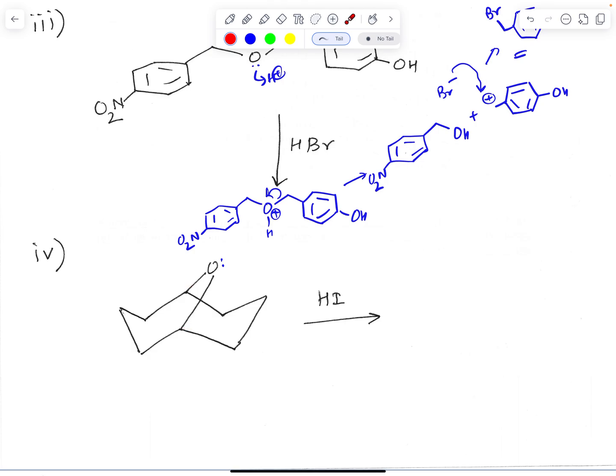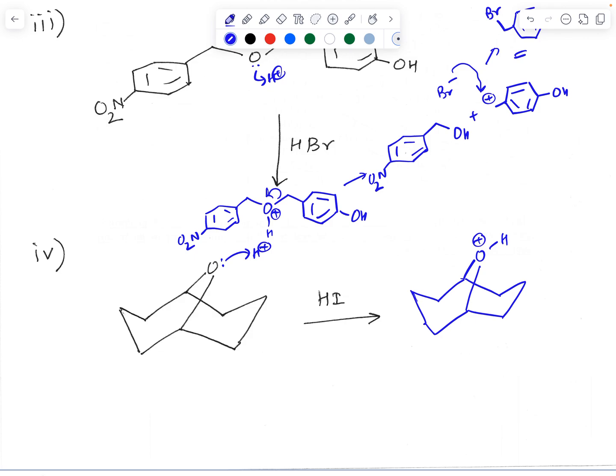All right, and the last one out here, we have HI, and of course this is symmetrical, so it doesn't really matter which way you want to go. There you go, positively charged. Okay, and then what's going to happen is that's going to give me this kind of cation. That bond is going to break.